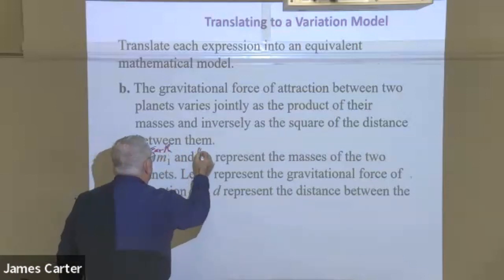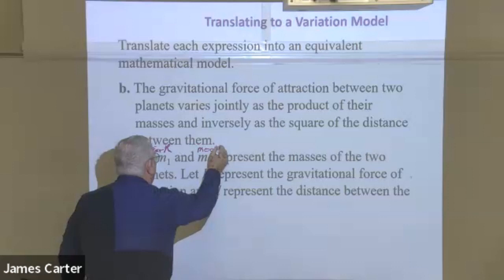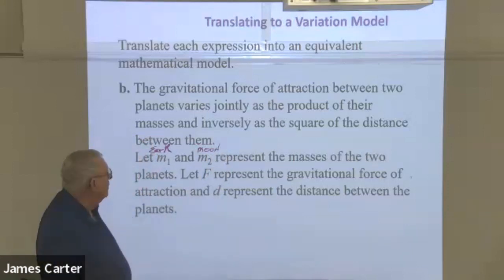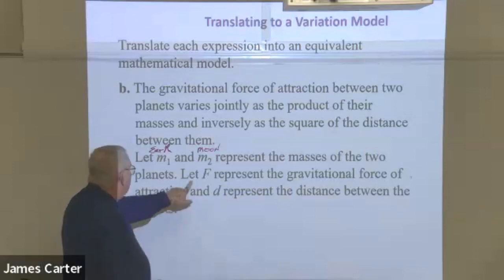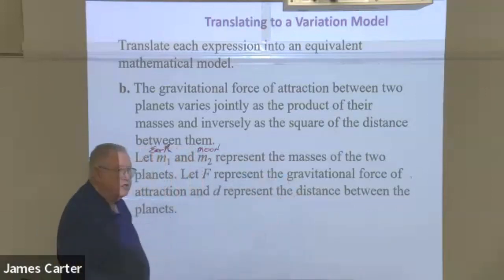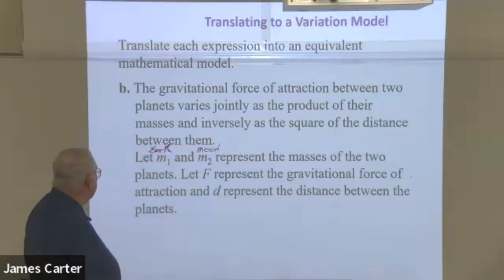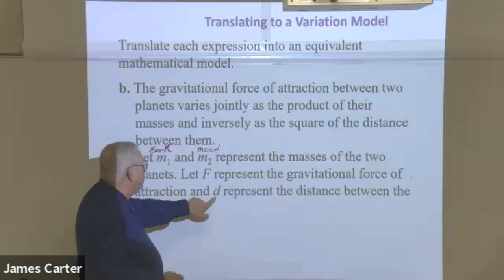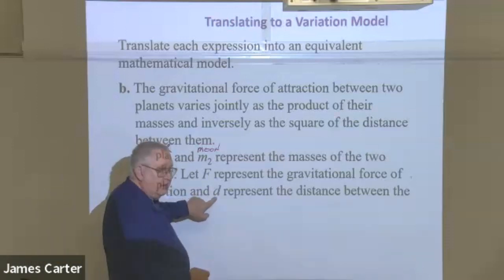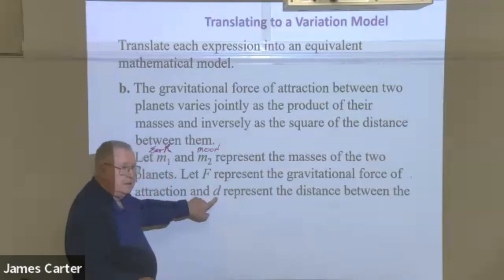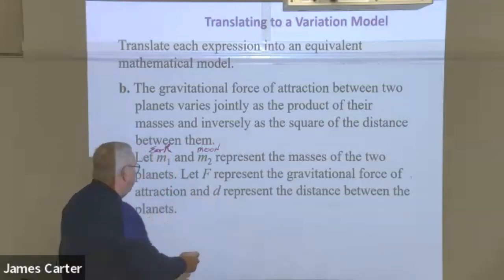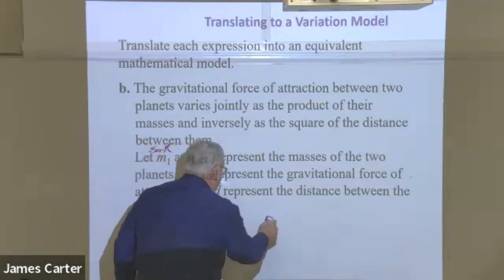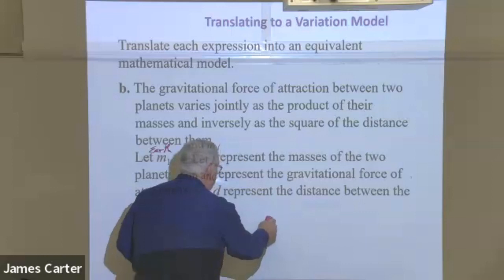This is the mass of the Moon. Okay? F is the gravitational force. And D represents the distance between them. Now, here's the Earth. I guess I should do that in blue.